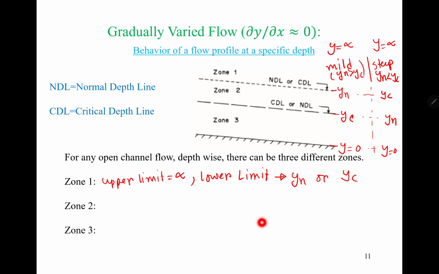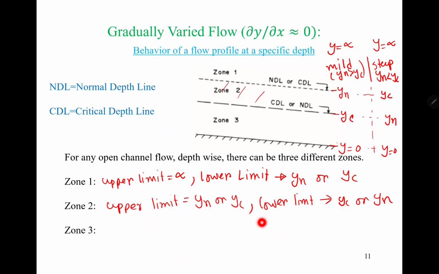For zone 2, the upper limit is yn for a mild channel, or yc for a steep channel, and the lower limit is yc or yn.